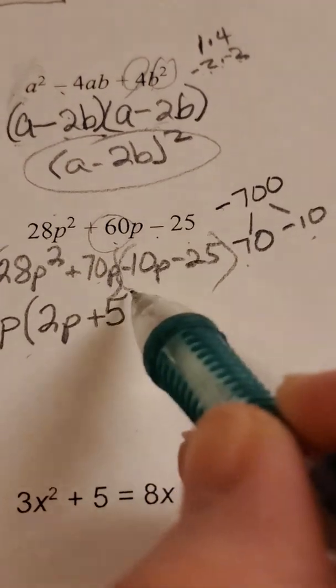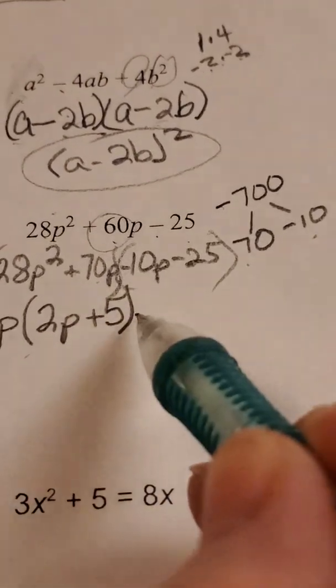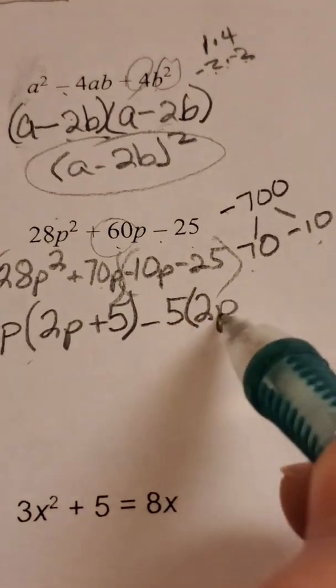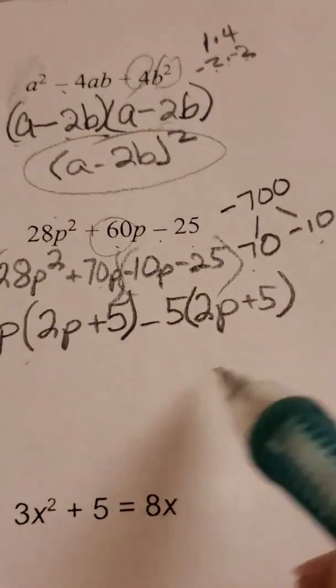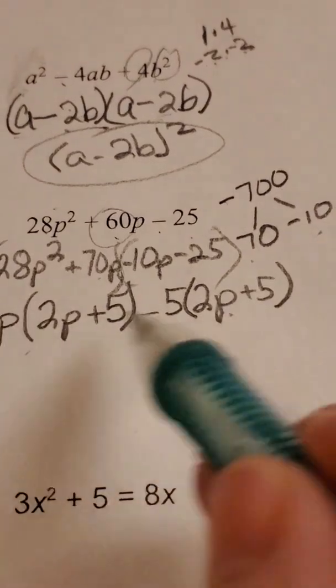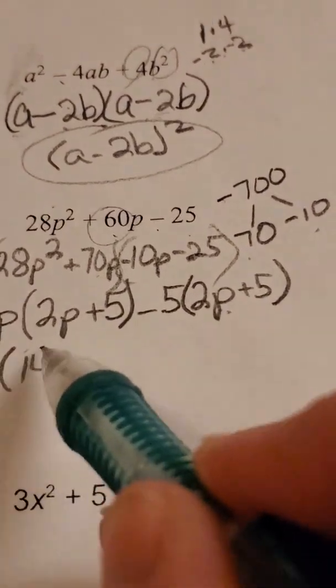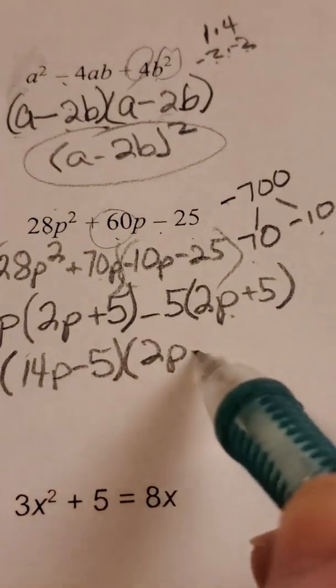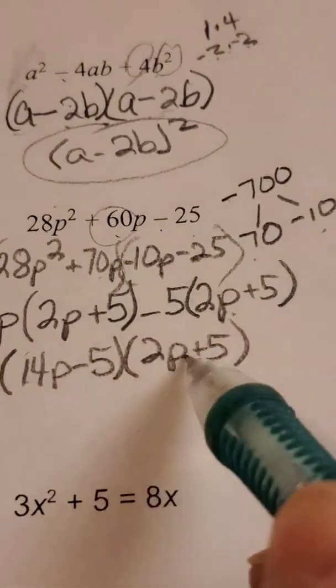Yep, 2p plus 5. And here I can factor out a negative 5, and that also leaves me 2p plus 5. So, because these are both the same, I can put the 14p and the negative 5 in their own parentheses, and then 2p plus 5 in the other. And again, those are your two factors.